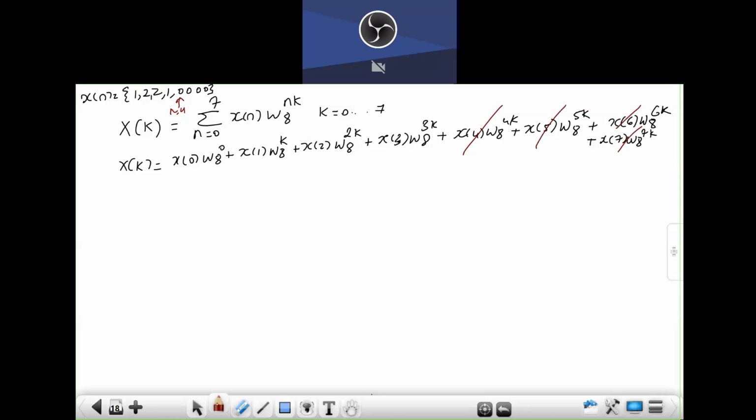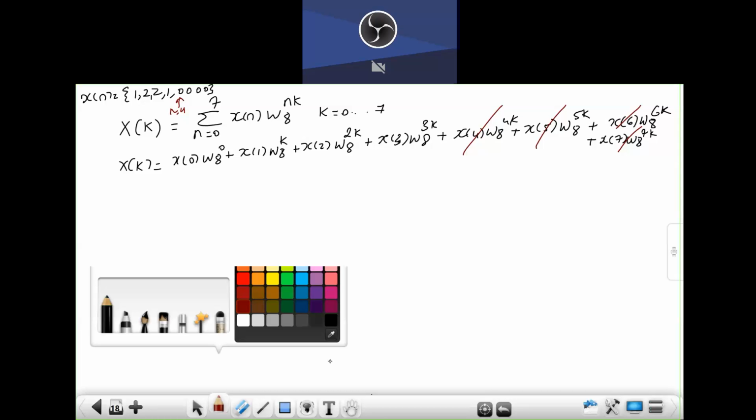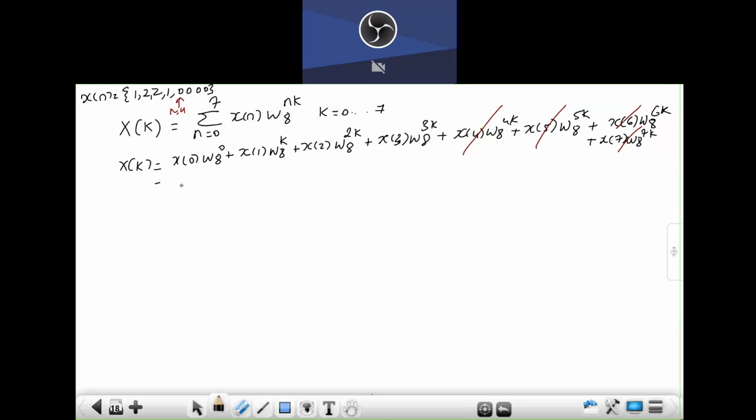So you will be left with x of 0 W8 power 0 plus x of 1 W8 power k plus x of 2 W8 power 2k plus x of 3 W8 power 3k.